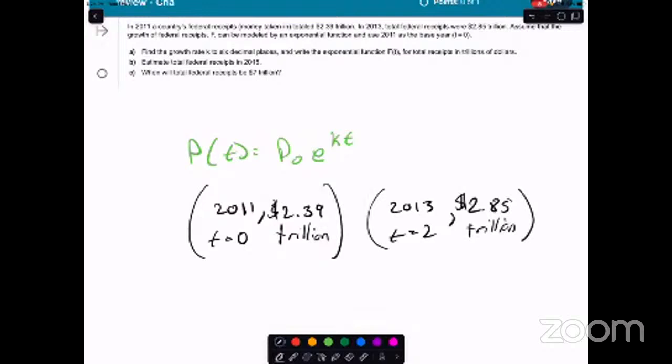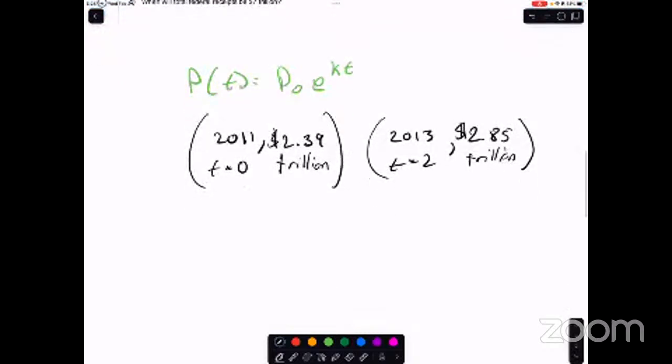Modeled by an exponential function. So let's fit this data to that model.